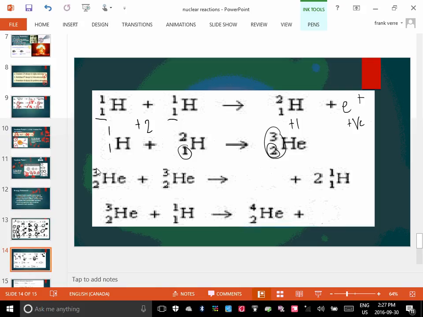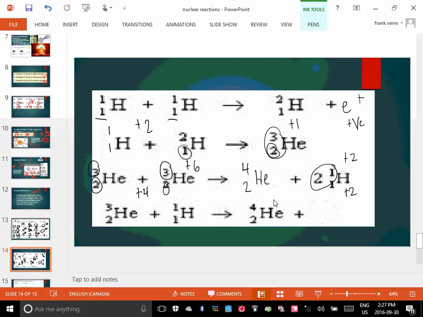Now what about this one? 3 and 3 is 6. Here I see 2, so this must be, I'm sorry, that's the mass number. So it has to be a mass of 4. The nuclear charge is plus 4, and this is plus 2, so this has to be 2.